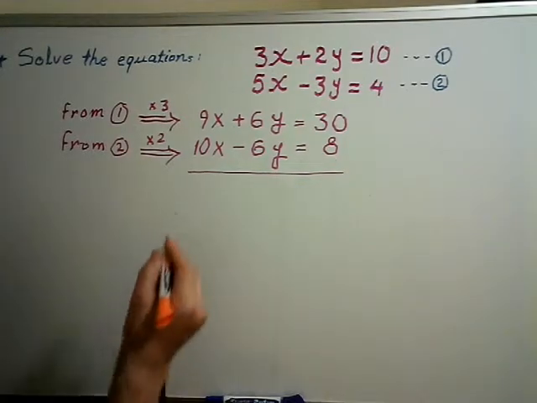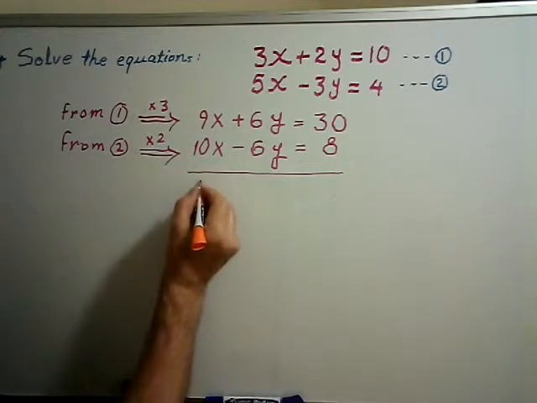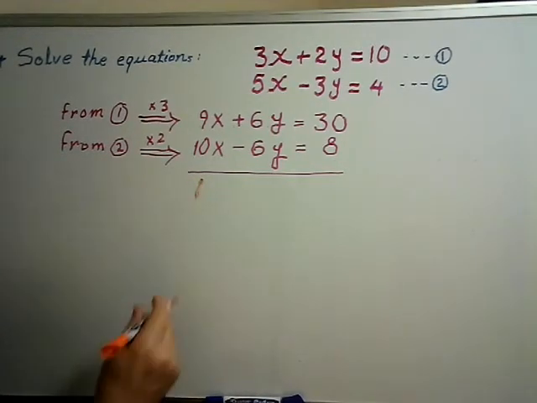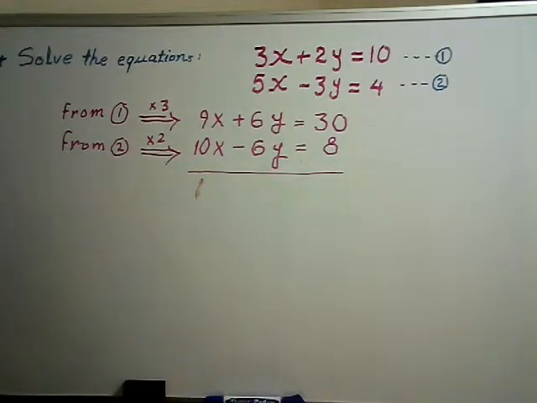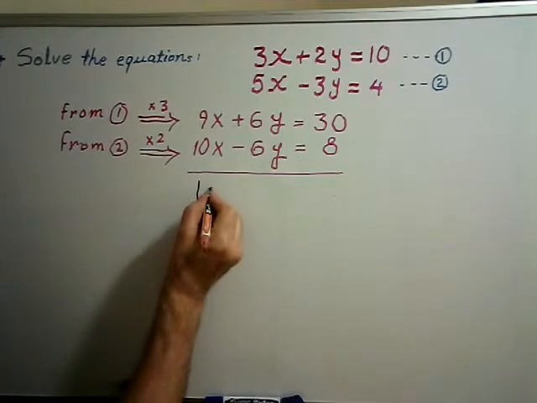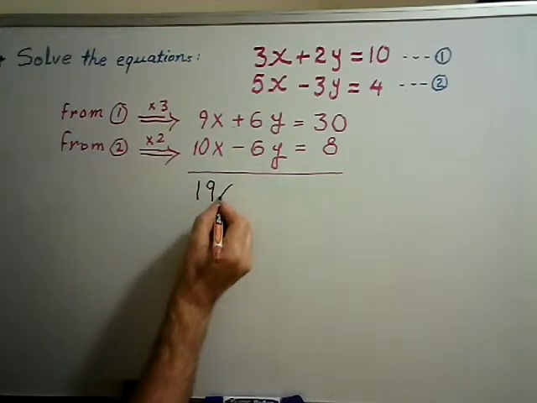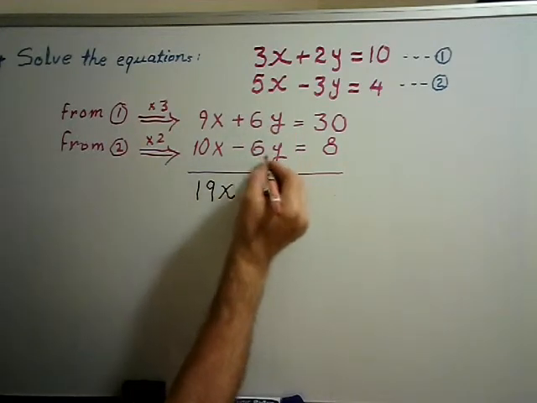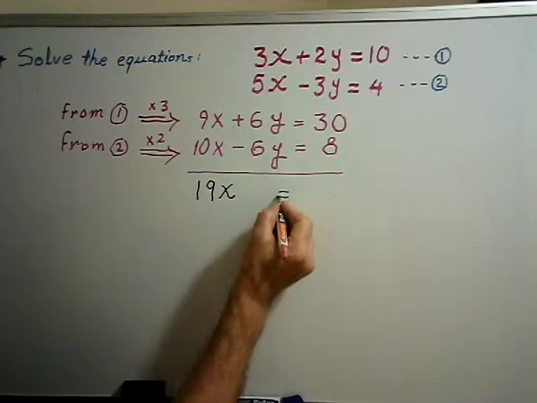So here we got 19x and here 0 is equal to 38.